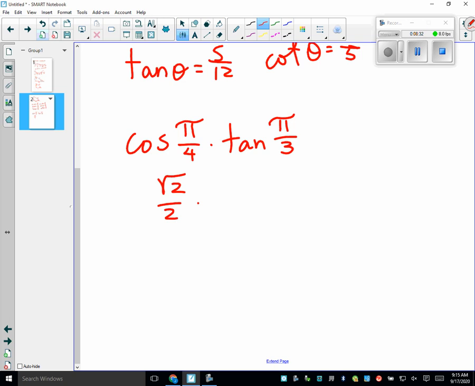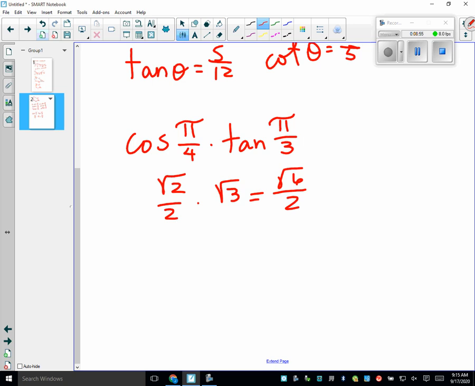Square root of 3. Right? Okay? So, what do I get when I multiply these two together? Square root of 6 over 2. Is that simple?